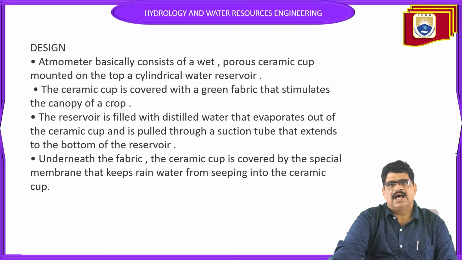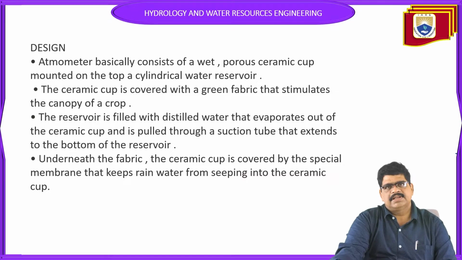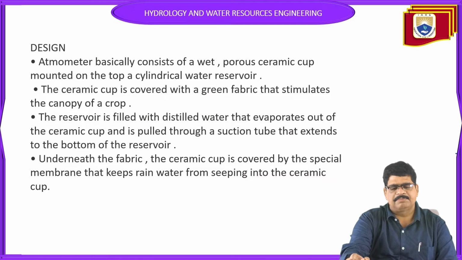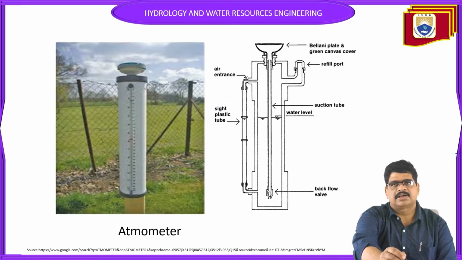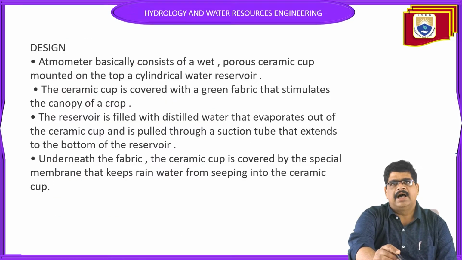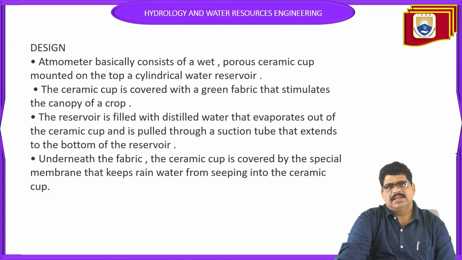So how can the atmometer be designed? The atmometer consists of a wet porous ceramic cup and a cylindrical top, with water vapor pressure as explained in the previous one. The cap is provided on the top, and the reservoir is full of distilled water that evaporates out of the ceramic cup and is pulled down the suction tube, which extends to the bottom of the reservoir.